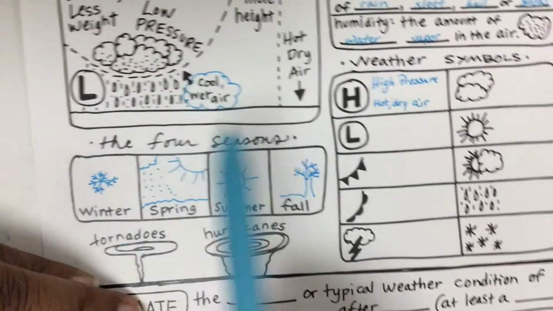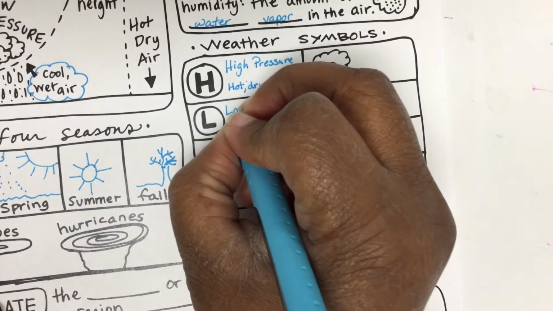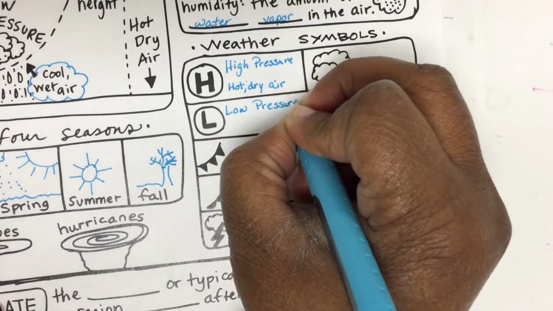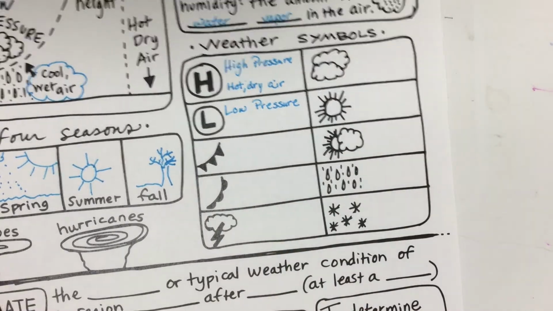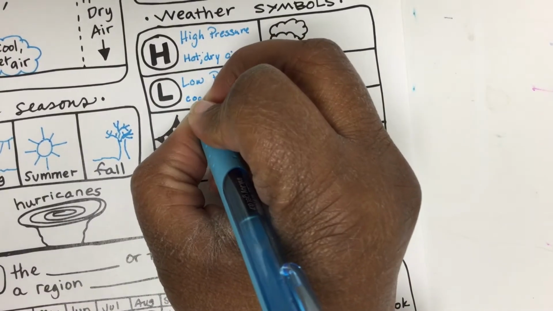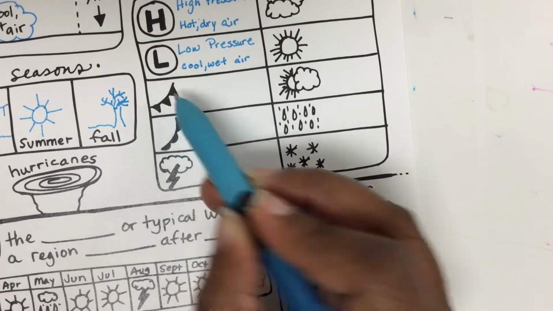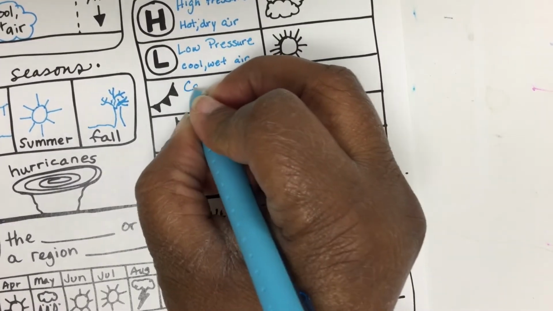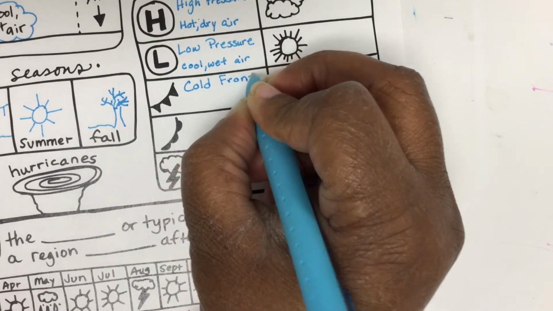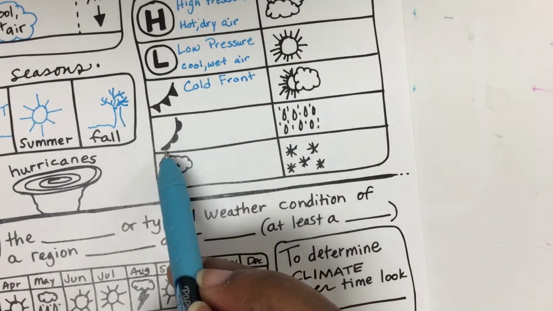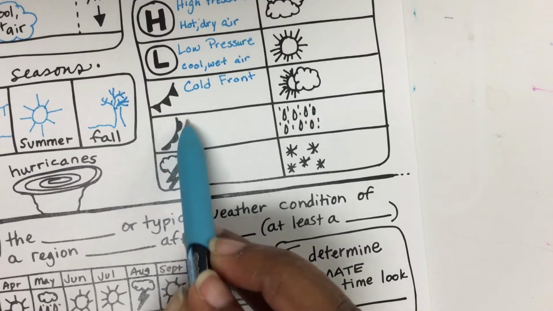If you see an L, like in low pressure, we're going to get cool and wet air. Cold front, think of these like icicles falling down. For warm front, you can think of these as kind of mini little suns.